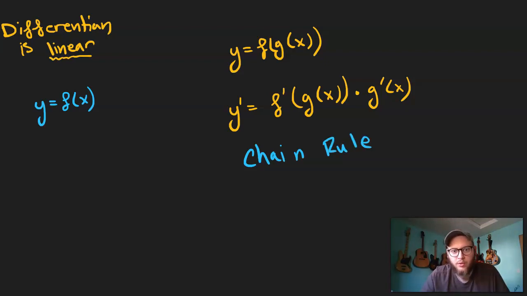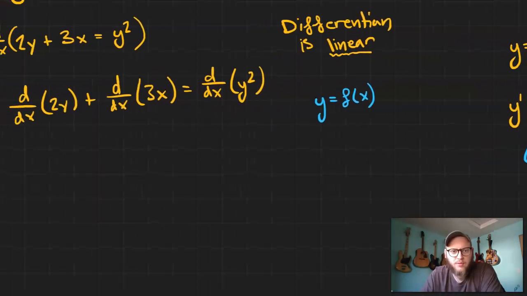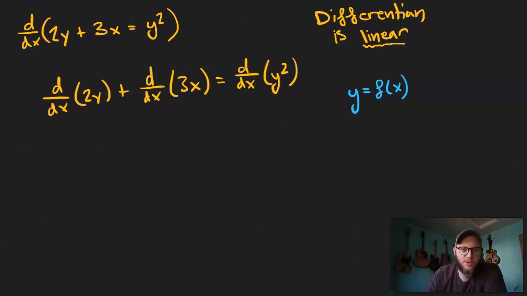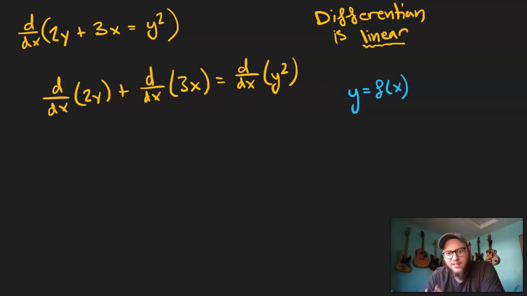Now, the chain rule is important because we usually have functions within functions. Compound functions are things that we encounter all the time in mathematics. And this chain rule gives us the ability to deal with functions like that, right? So what we're looking at in our previous example for implicit differentiation is that this y here is an f of x.